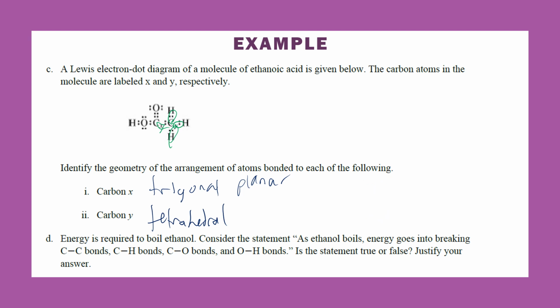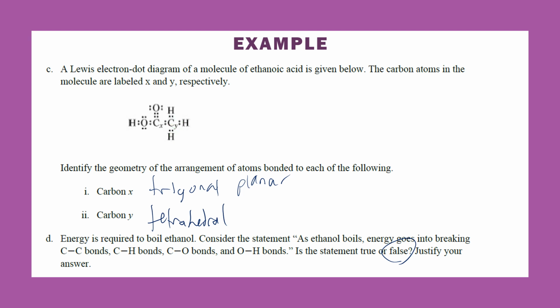Part D is really more of a Unit 3 to Unit 6 question. It says, energy is required to boil ethanol. Consider the statement: as ethanol boils, energy goes into breaking carbon-carbon bonds, carbon-hydrogen bonds, carbon-oxygen bonds, and oxygen-hydrogen bonds. This statement is false, and that's because when you are boiling something or changing its state in any direction, you're not breaking those covalent bonds.